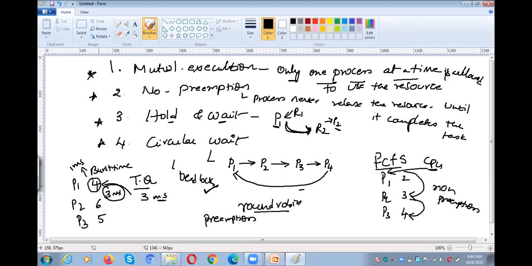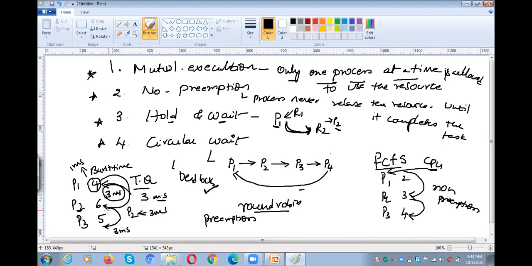But we forcefully take the CPU from P1 and allocate it to P2. For P2 also, we give only 3 milliseconds, but P2 requires 6 milliseconds to complete its task. We forcefully take the CPU from P2 and allocate it to P3. Again for P3, we give only 3 milliseconds.